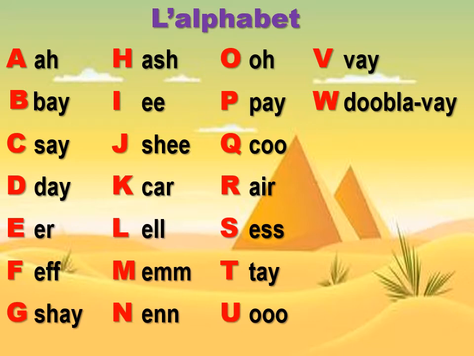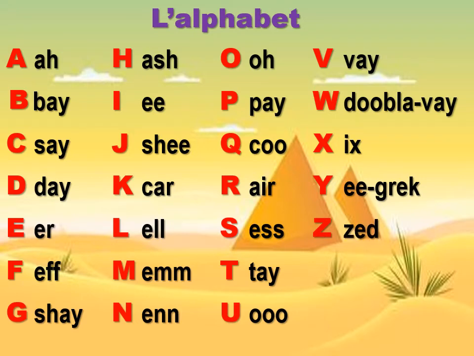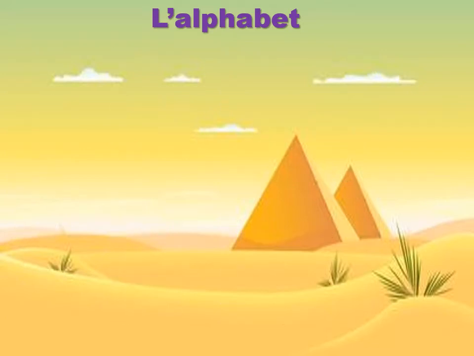Then W, the French look at it not as a double U, but a double V. And as a matter of fact, it looks much more like a double V than it does a double U. So it's a double V, W. Then we've got X, Y, which is nothing else but a Greek I. I is I, Greek, Y. And the last one, Z.